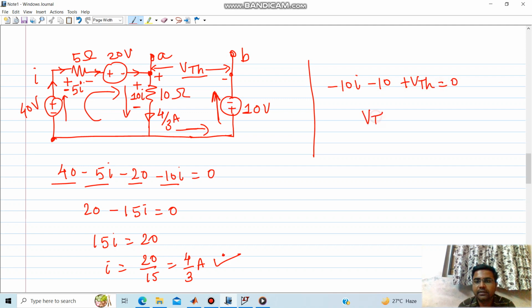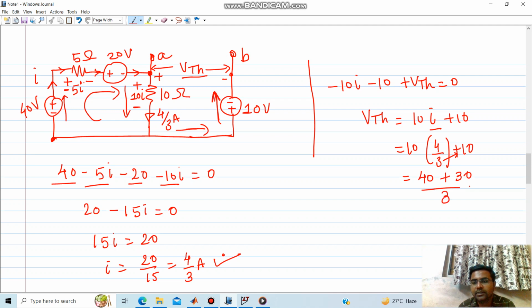So V Thevenin will be simply 10I plus 10. If I substitute I equal to 4 over 3, plus 10, so 10 times 4 means 40, and 3 times 10 means 30, divided by 3, so 70 by 3. So this is my V Thevenin.